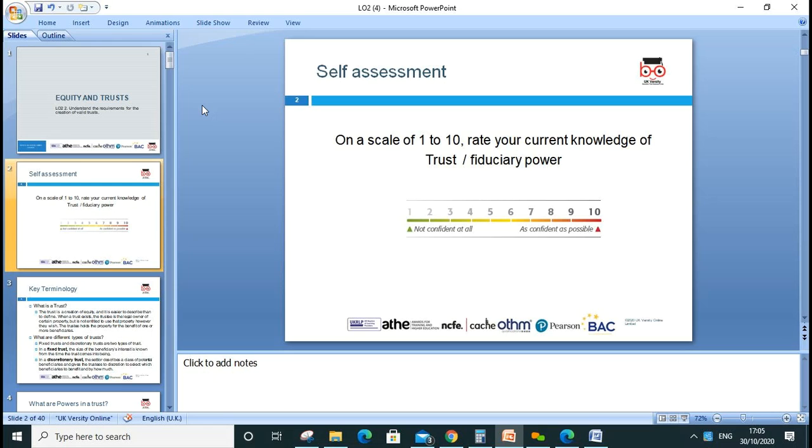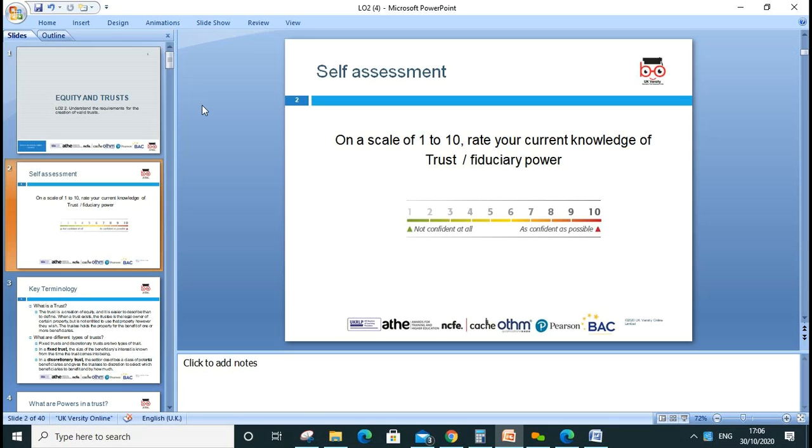Yes, Yasir, what do you think, where are you up to in terms of your current knowledge? I just know that it is between two parties or three parties, something like this. Okay, no problem, we will go through it. Well done. So you can rate 1 to 10, it relates to property and three parties, something like this.